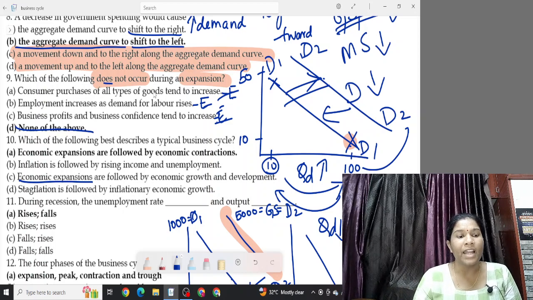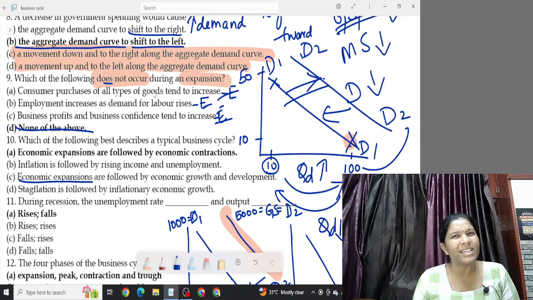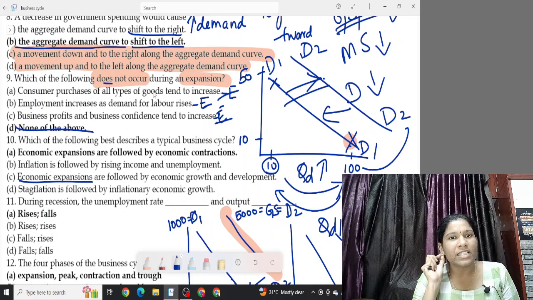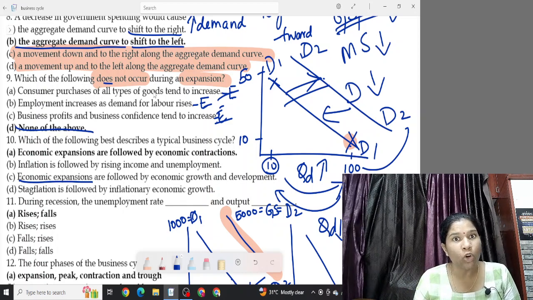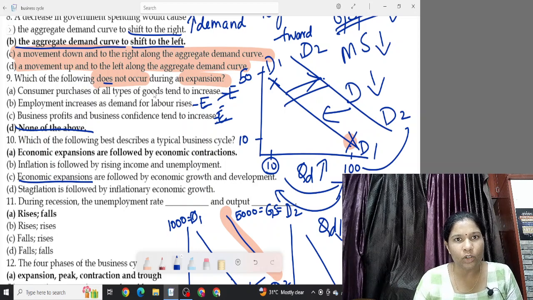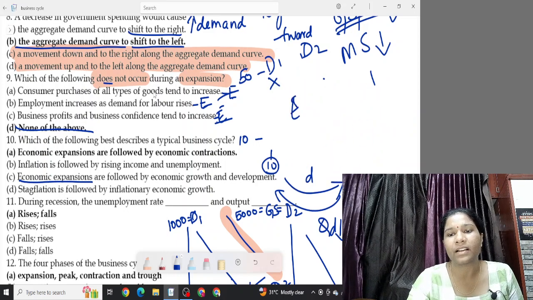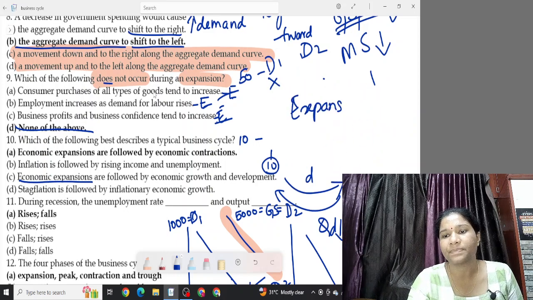So you're saying that economic growth and development are followed by economic growth and development. Does it make sense? It doesn't make sense, right? See, for example, red follows red. Is it right? No, red is followed by anti-red. That is the correct answer. See, for example, imagine your expansion is black. Expansion, black.